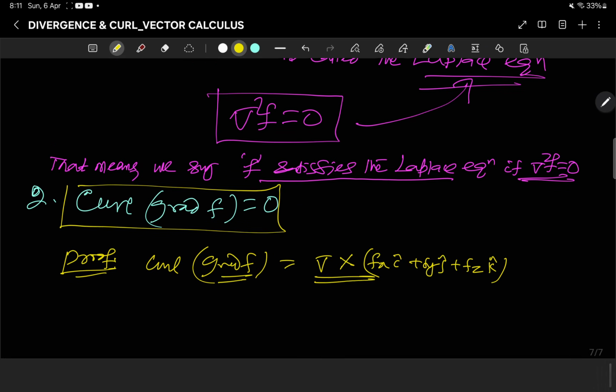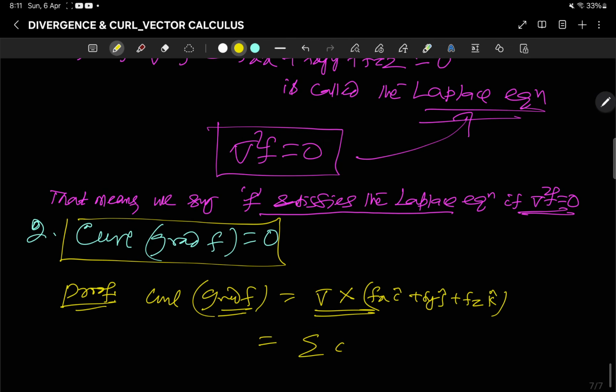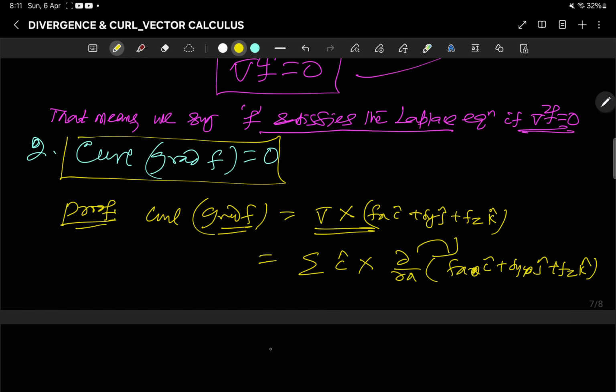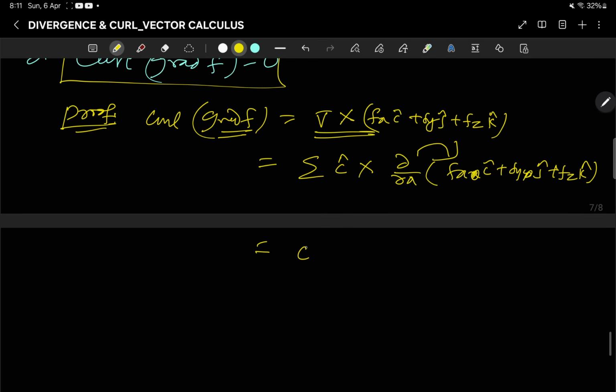By the properties, in short, we write the summation of I cap cross del by del x of fx i plus fy j plus fz k. Now you operate this, so this will be the summation of I cap cross fxx i plus fxy j plus fxz k.